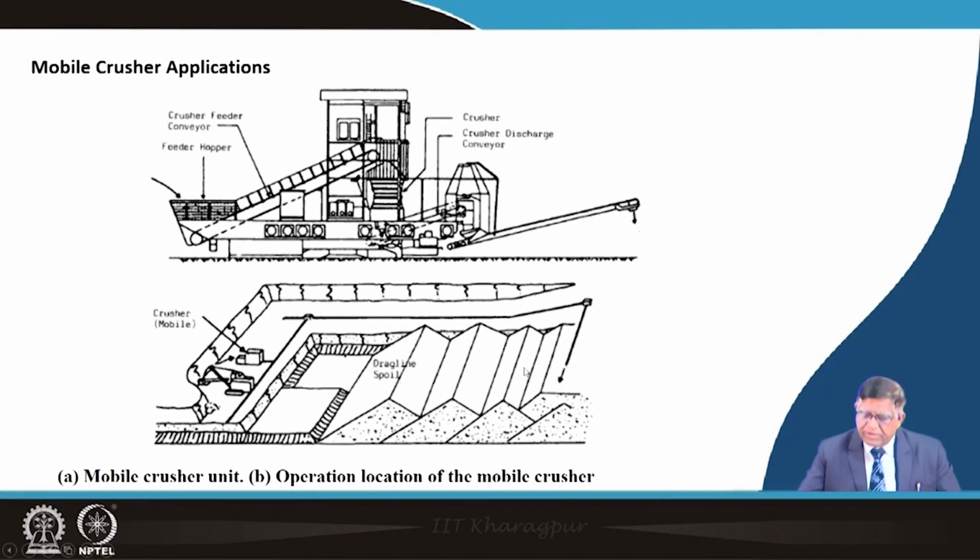So, this is the way we can take it, if it is overburden it will be spreading over here. So, this is the plan view which shows how it is applied, right.